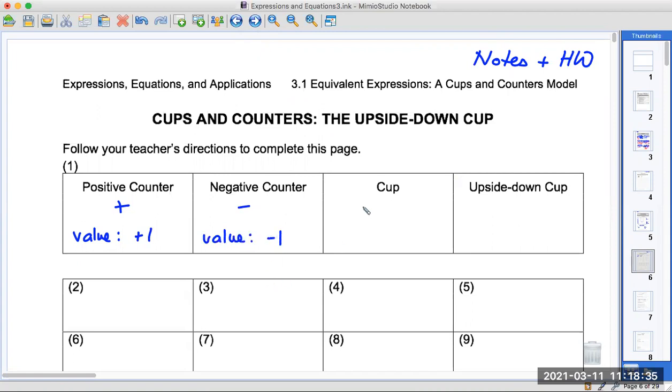A cup looks like this, and the value is unknown, we don't know, that's usually an X, right? And then the upside down one, like that, is the opposite of the unknown, which is the negative.